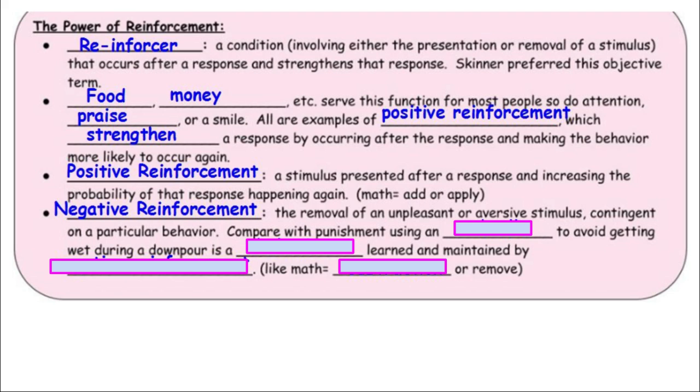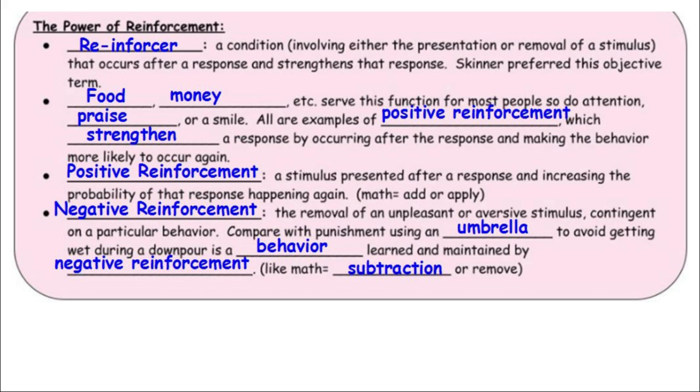There's also negative reinforcement, that is the removal of an unpleasant or aversive stimulus. It's contingent on a particular behavior. Some people try to compare this with punishment. Using an umbrella to avoid getting wet during a downpour is an example of a behavior learned and maintained by negative reinforcement, by removing or subtracting something.